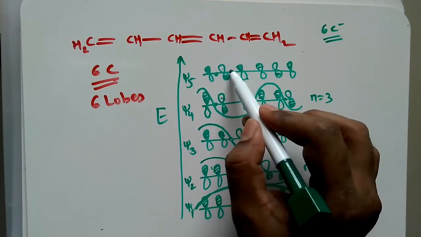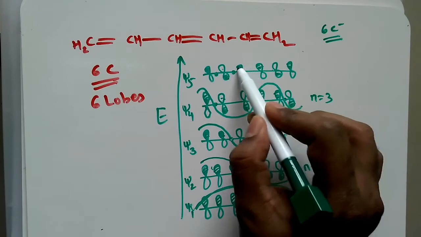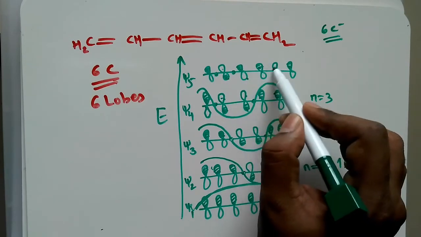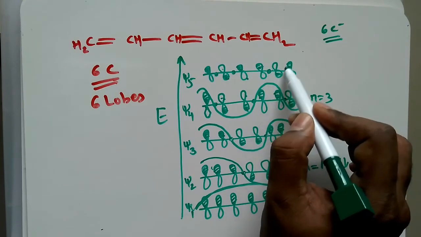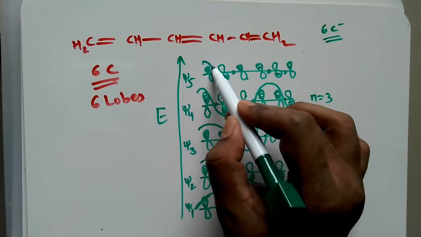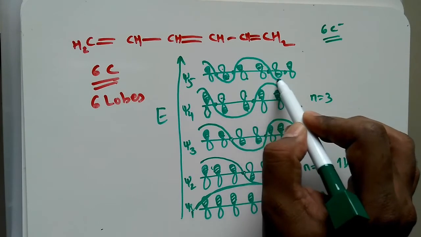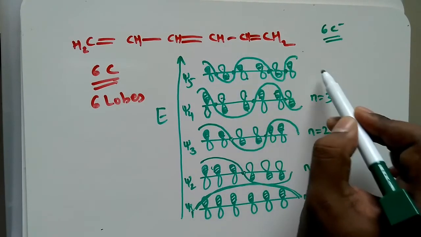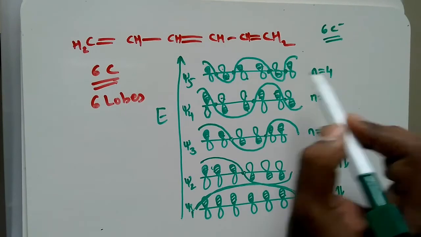Different phases here, node here. Same phases, so no node over here. Different phases, a node here, different phases, a node here. So one node, second, the third and the fourth node, so n will be 4.